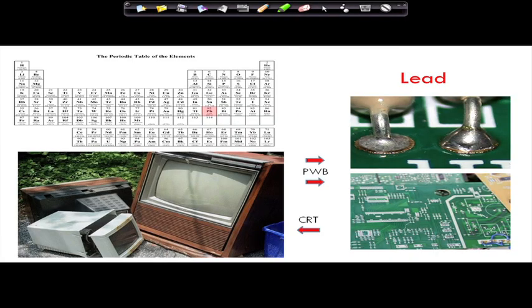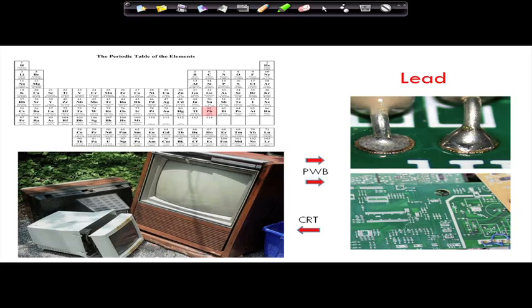It affects the brain development, especially of small babies. The brain does not develop very well if they get exposed to lead. That's why in many countries in the world, as soon as the baby is born, they look at the blood lead level of the baby, and if it has a high lead level, they try to treat it so that the baby has proper growth. So lead is one of the major concerns.